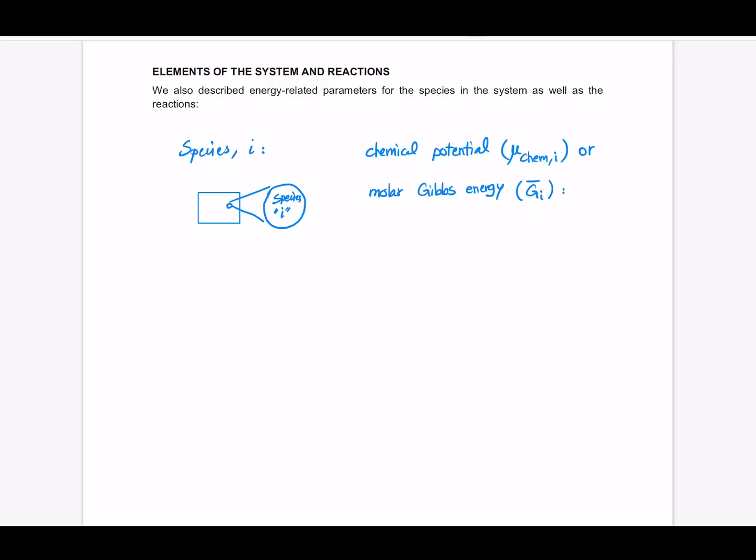That's basically the description of the molar Gibbs energy of species I.